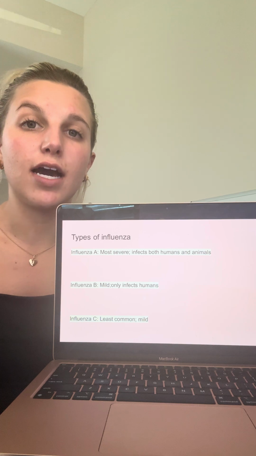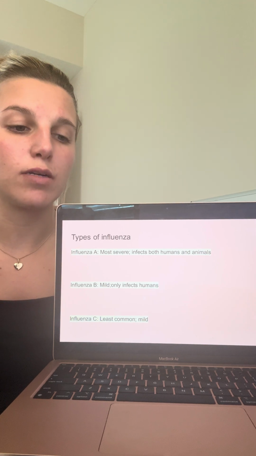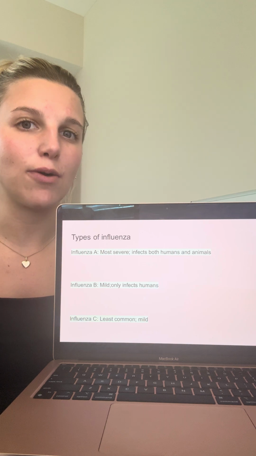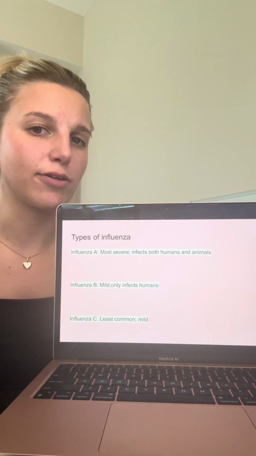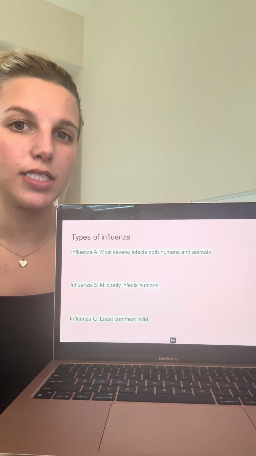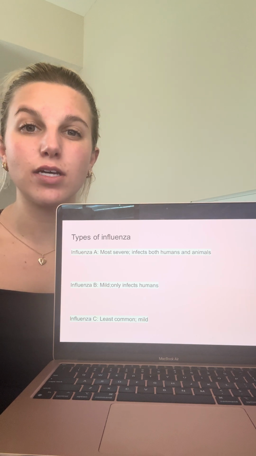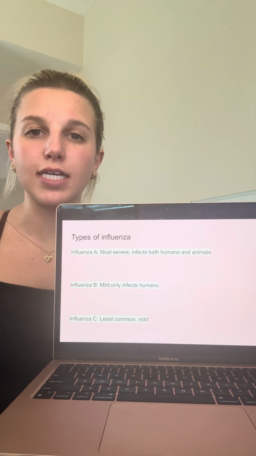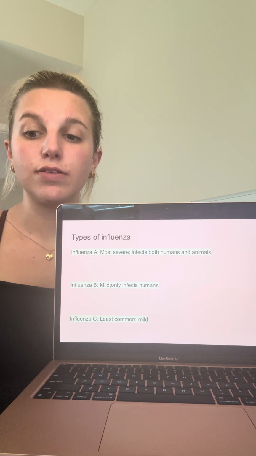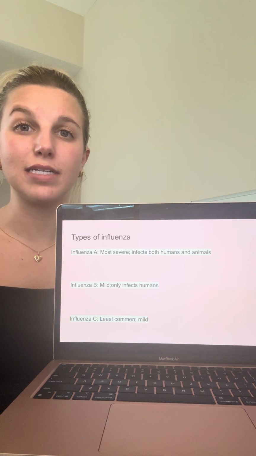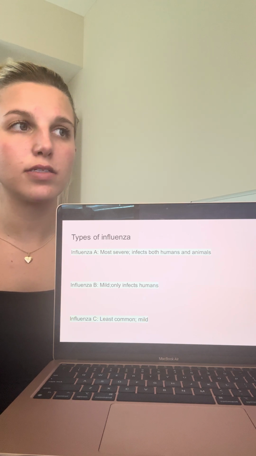It's mild, and that also infects both humans and animals. We also have an influenza D. We don't hear of that one as much. That's said to only infect cattle, so it's not as important, but it's still good to know. And these types of influenzas are separated in these categories by their severity, their host range, and their potential to cause epidemics or pandemics.